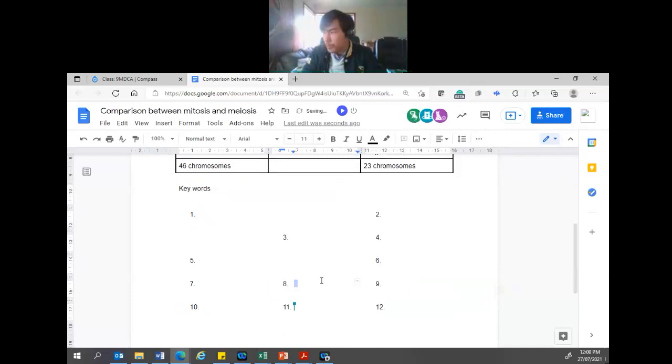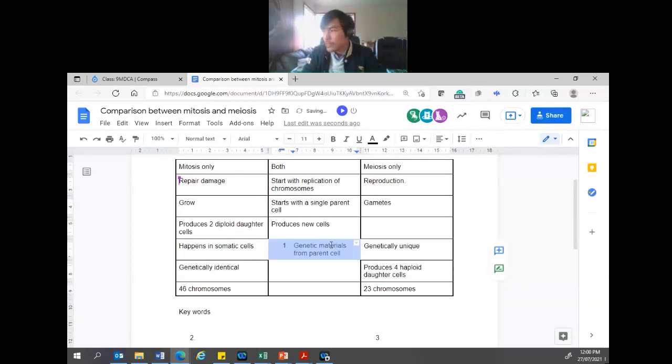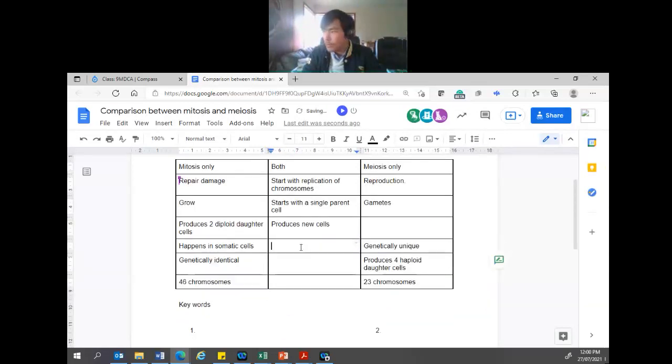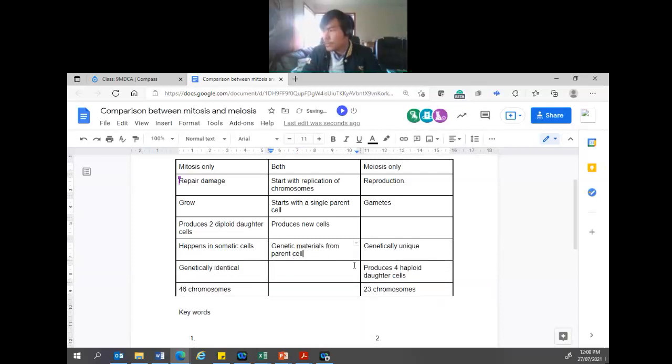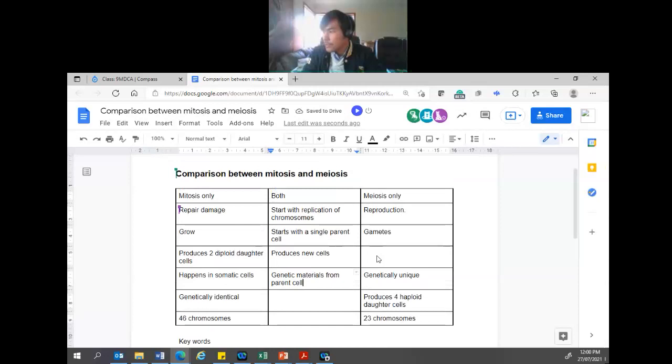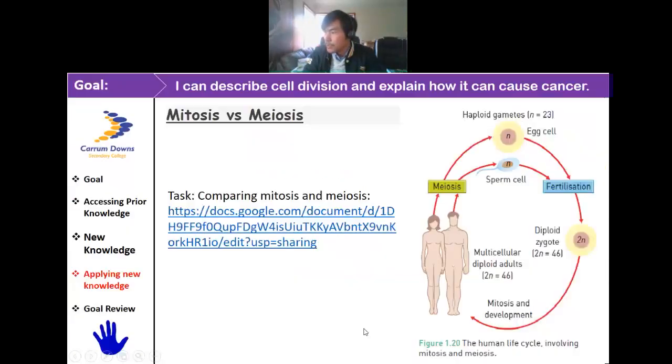And they both also get their genetic material from the parent cell. So this is the comparison between meiosis and mitosis. Okay, let's go back to our PowerPoint here.